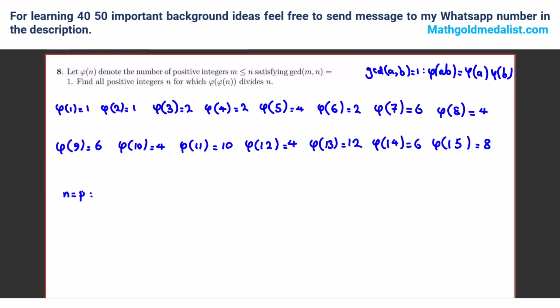If n is prime, is it correct or not? Let's check. Does phi of p divide p or not? Phi of p is p minus 1.